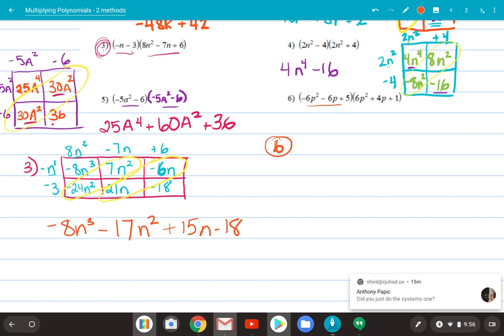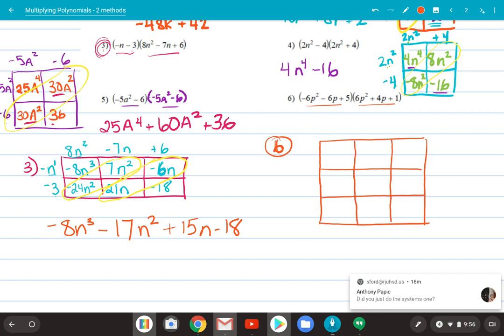So number 6. This is a 3 by 3. So we want a much bigger box. Make sure I have enough space. A 3 by 3.